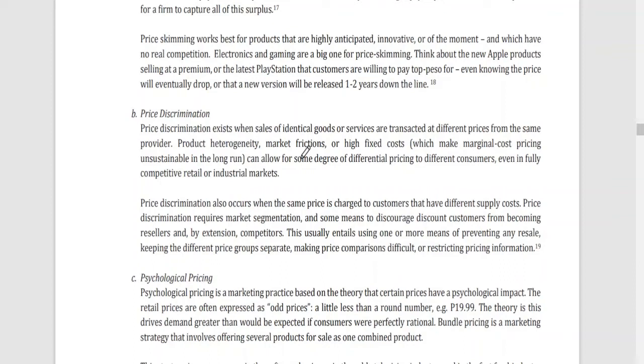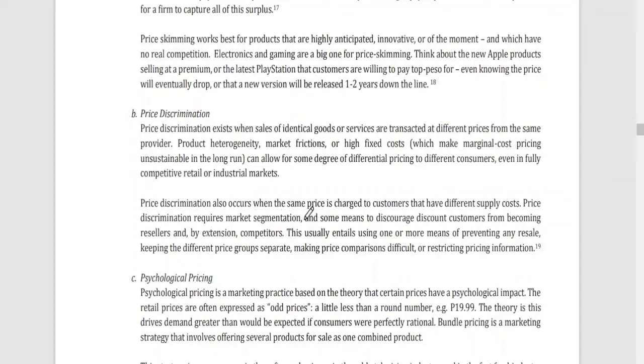When we say market friction, this is anything that blocks or interferes with the trade. Okay, and of course we have fixed costs. We know that these are costs that do not change in response to production or sales.